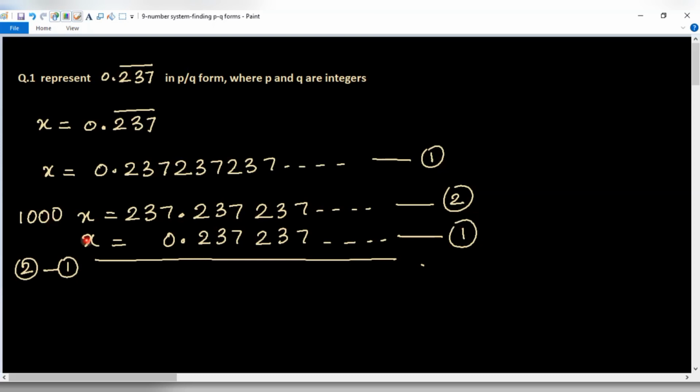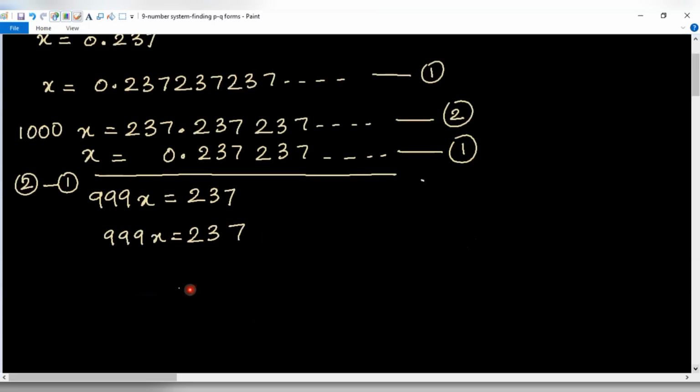1000x minus x, that means 1000 minus 1, is 999x. It is equal to 237.237, 237 minus 0.237, 237. The decimal parts are alike, so during subtraction that part goes away, and only 237 remains. So 999x is equal to 237.